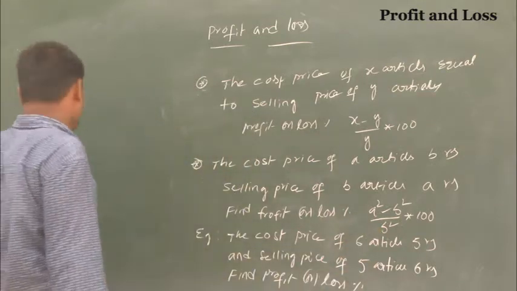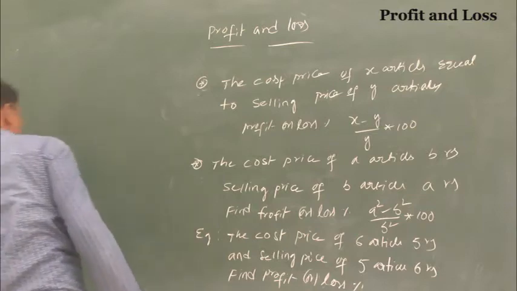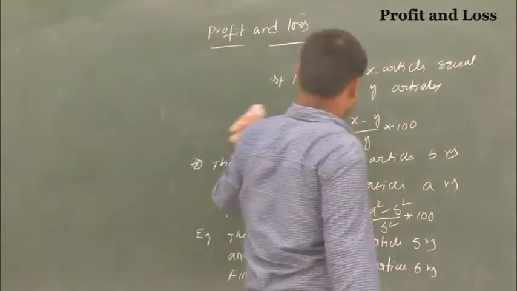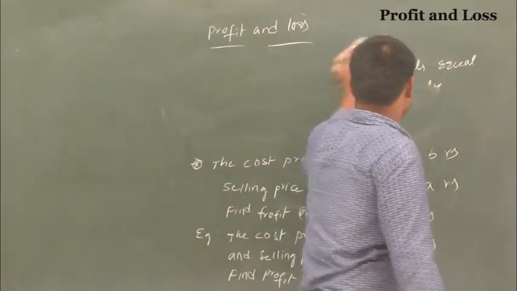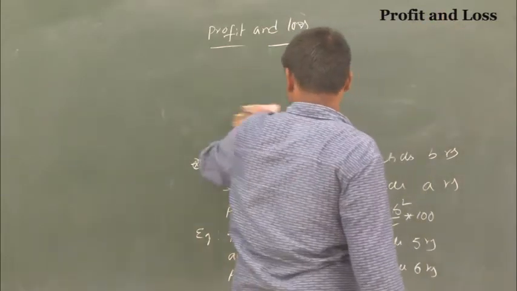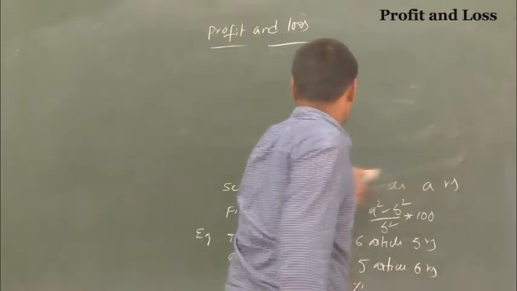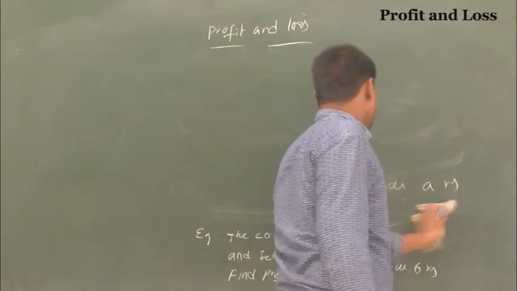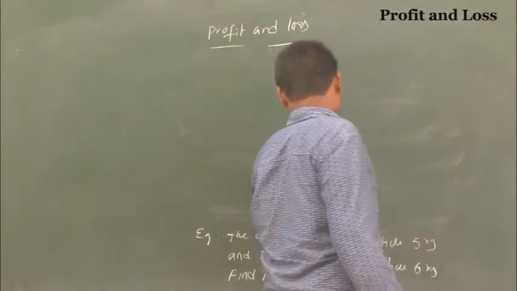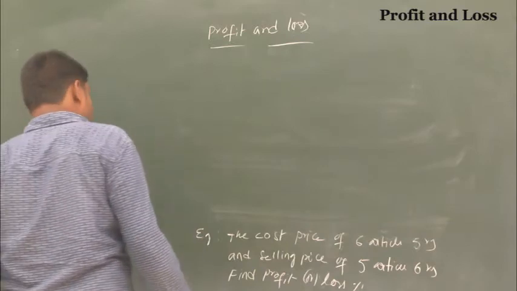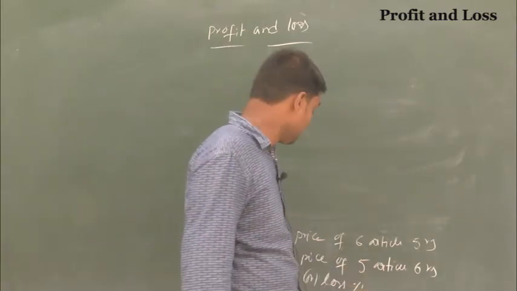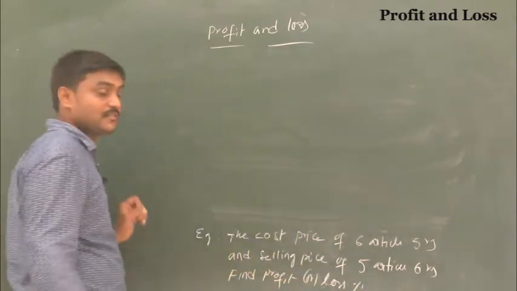So here it is given: the cost price of 6 articles is 5 rupees, the selling price of 5 articles is 6 rupees. Find profit or loss percent.